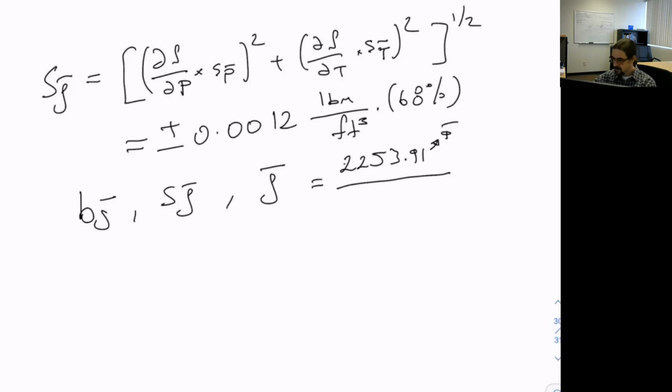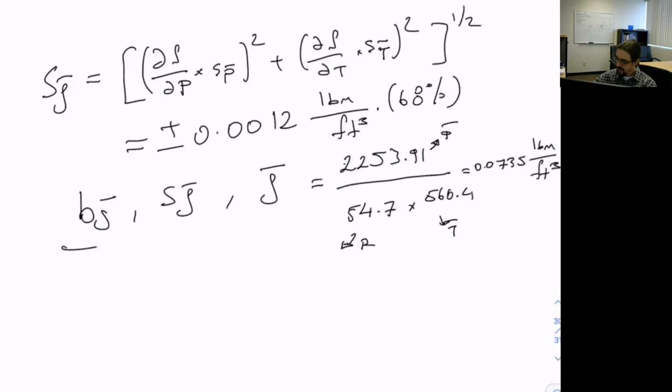The R was 54.7 times the temperature, which was 560.4. This was the gas constant R, and this was the temperature bar, and that gives us 0.0735 lbm per feet cubed.